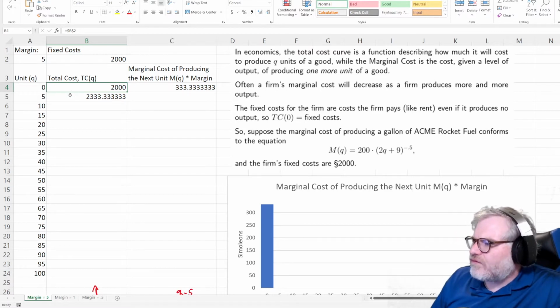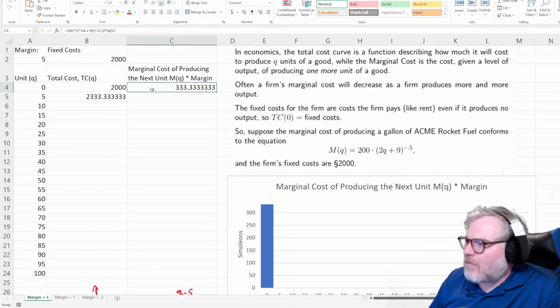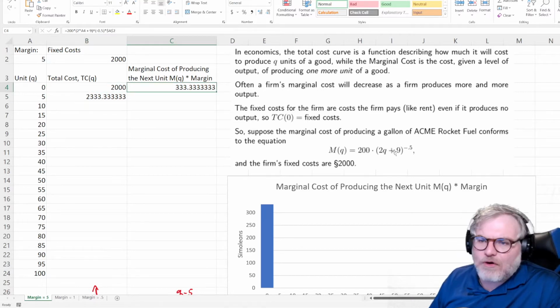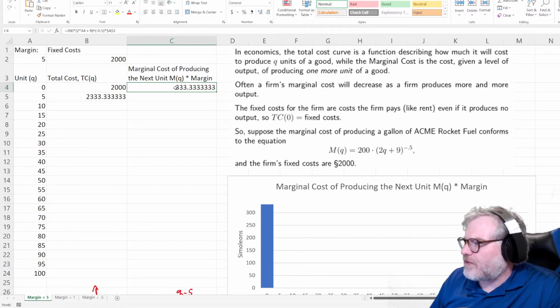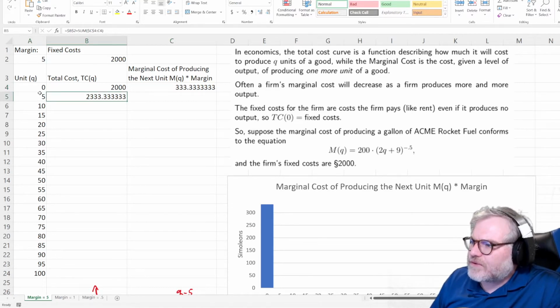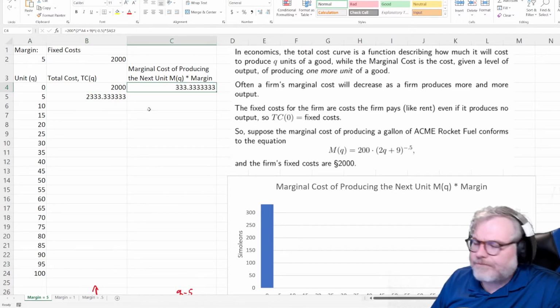If I want to produce 5 units, what I want is the marginal cost of producing the next 5 units when I'm at 0. So I'm going to take the marginal cost at 0 and multiply by 5. I'm going to wind up with 333 simoleons, 0.3333 simoleons. So the total cost of producing 5 units is 2,000 plus this amount here.